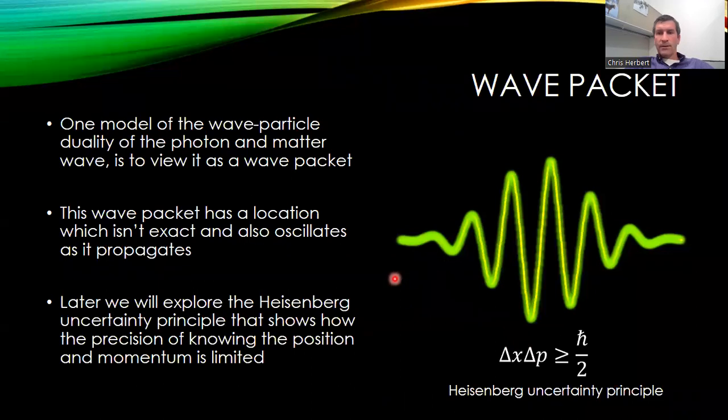Now, how can you have a particle and a wave at the same time? Well, we try to use models of the microscopic world which are familiar to us in the macroscopic world.